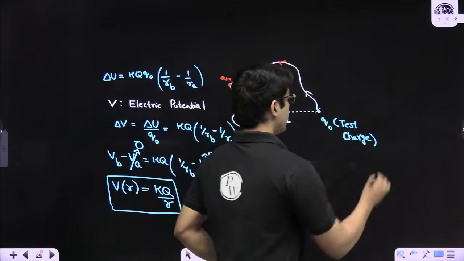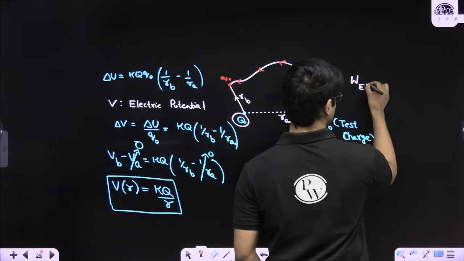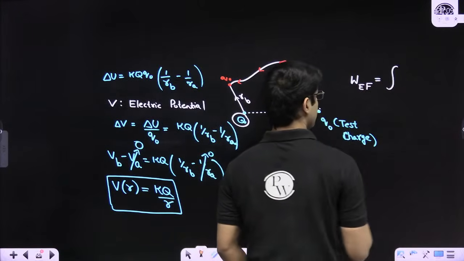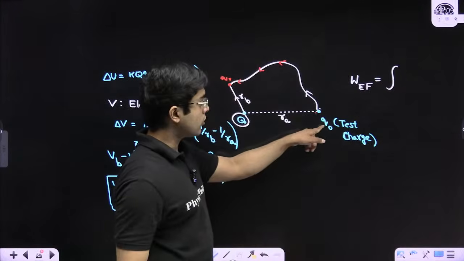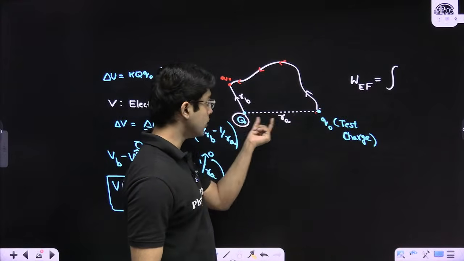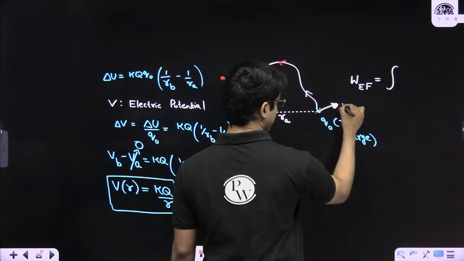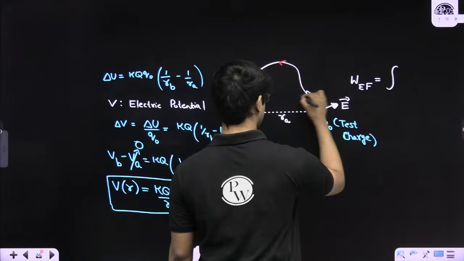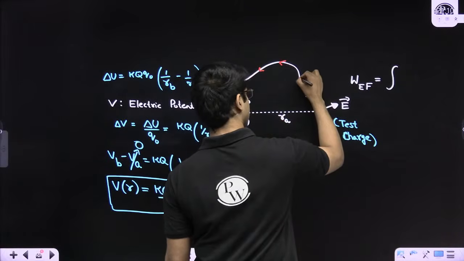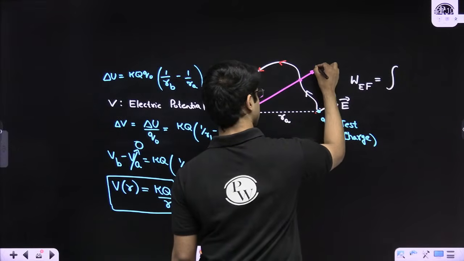So what is the electric force on Q naught? Let's say the electric field due to Q, capital Q, is E. When Q naught is over here, the electric field will be in this direction.